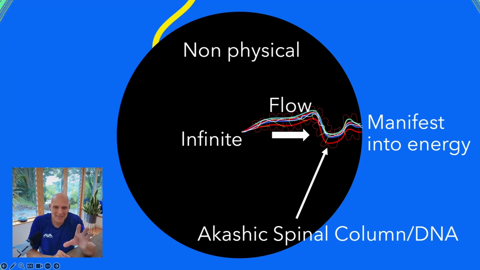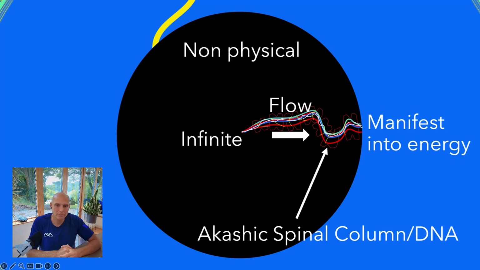Now, when you look closely at this flow, you can see that it's made up of information, but it kind of looks like a spinal column. Or you could say that it looks like DNA, and I think somebody saw DNA in their vision last time. Because DNA is information, the backbone of the information, or the blueprint to the material body.